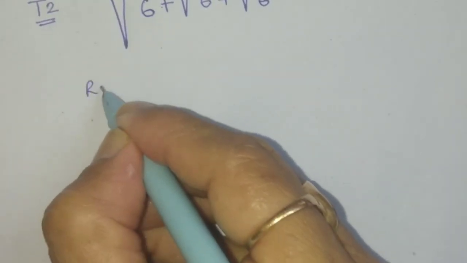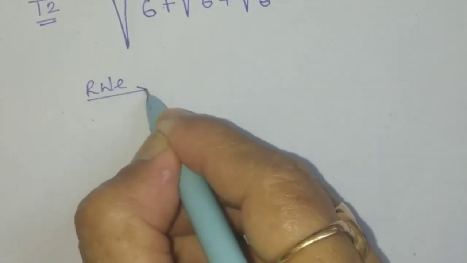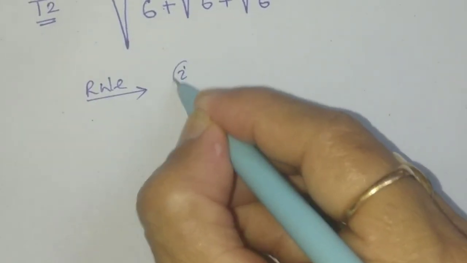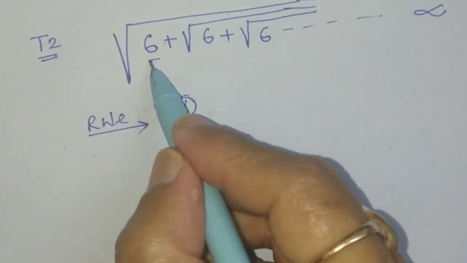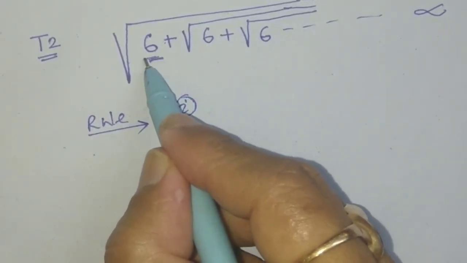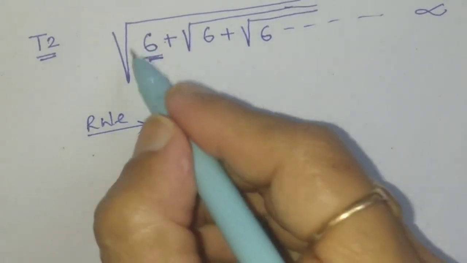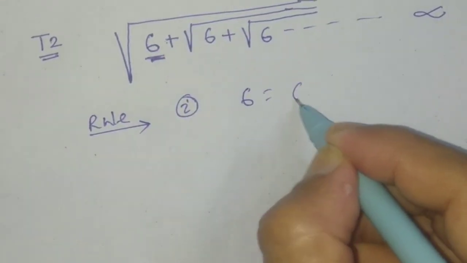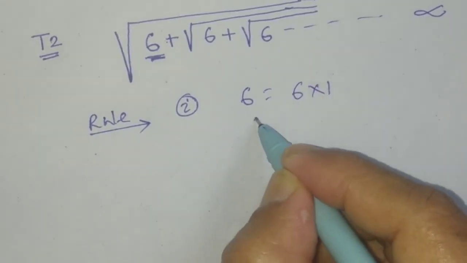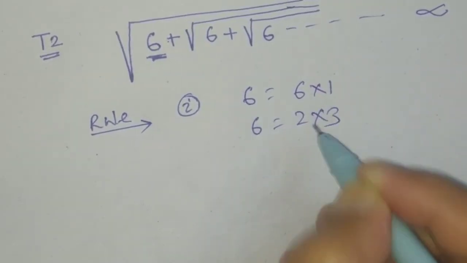The rule is, what is the rule? Number 1 is, this is 6 here, factorize 6. We can say 6 is equal to 6 into 1 and 6 is equal to 2 into 3.